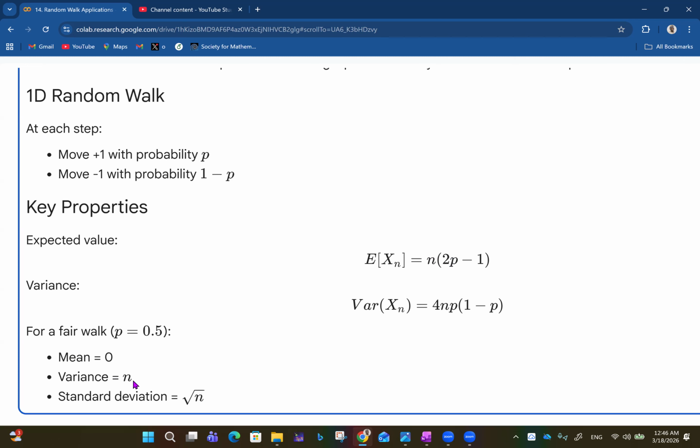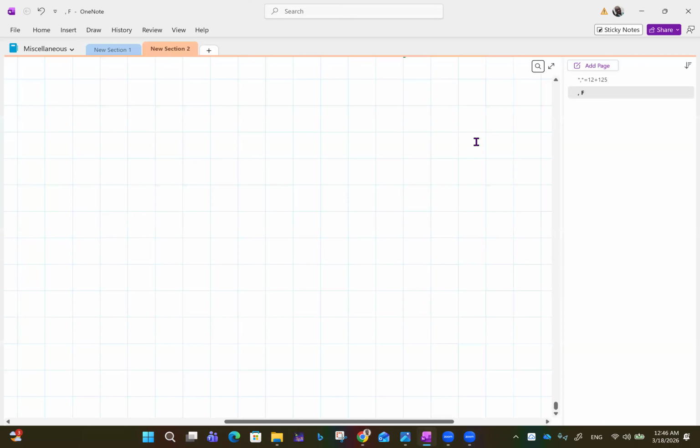And then the variance is n, because p is 0.5, so 1 minus 0.5 is 0.5, and 4 times 0.5 times 0.5 is 1. By the time you multiply everything out, you just have n. Then the standard deviation is the square root of n. So a fair walk is what we call a simple symmetric random walk.